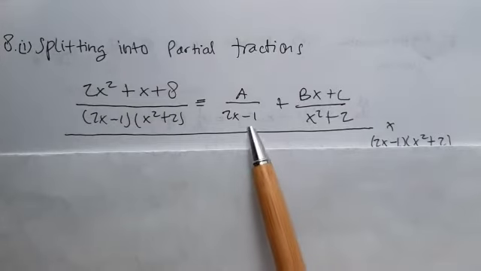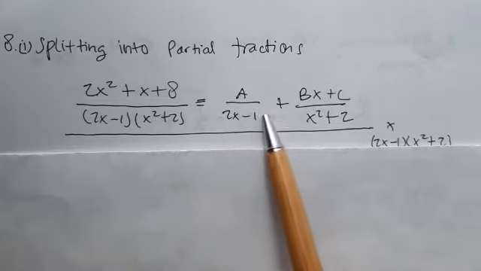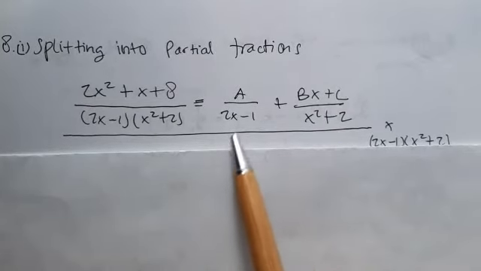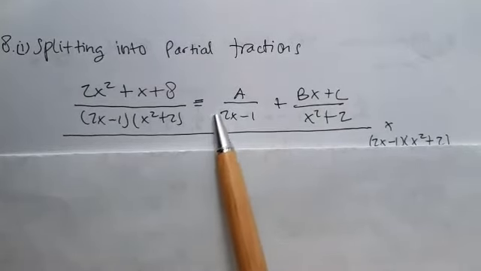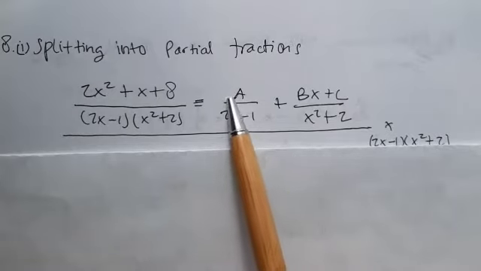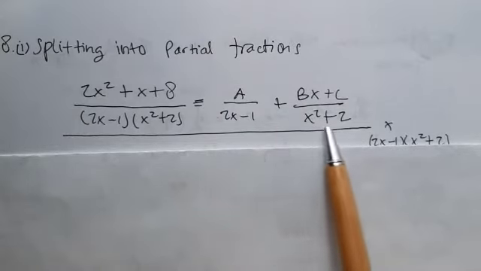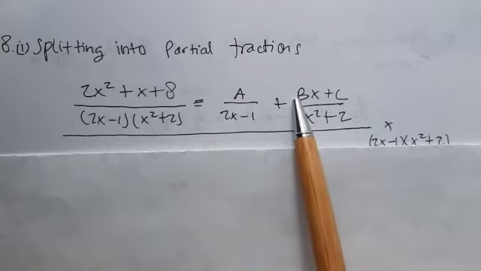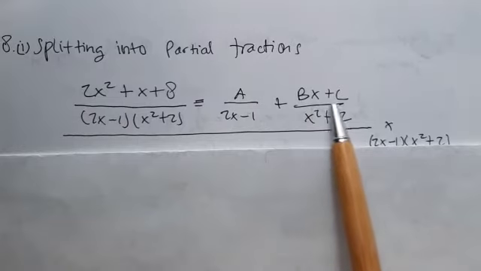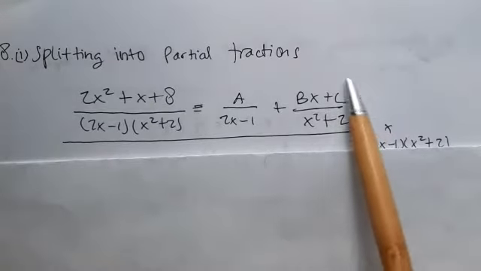The power of the numerator is always less than the power of the denominator. The denominator here is linear, x to the power 1, that is why the numerator is a constant, and if you see here the denominator is quadratic, that is why the numerator is x to the power 1, or linear.